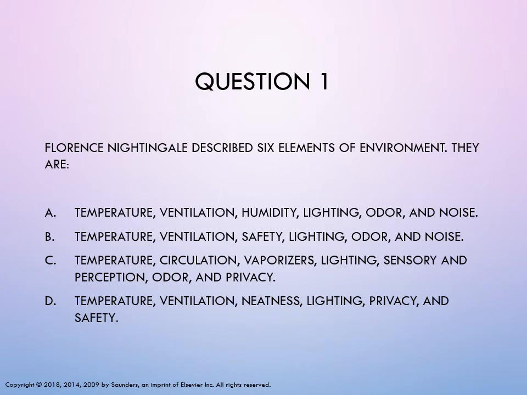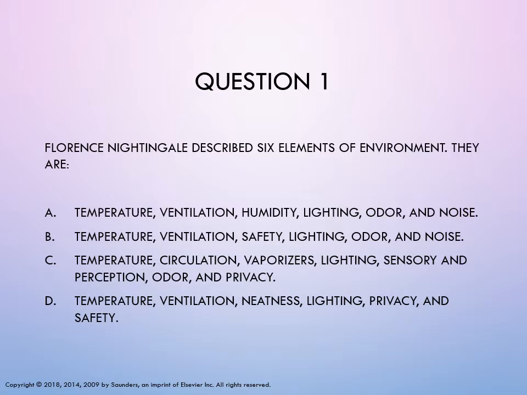Here we are, question number 1. Florence Nightingale describes 6 elements of environment. They are A. Temperature, ventilation, humidity, lighting, odor, and noise. Is it B. Temperature, ventilation, safety, lighting, odor, and noise? C. Temperature, circulation, vaporizers, lighting, sensory and perception, odor, and privacy?